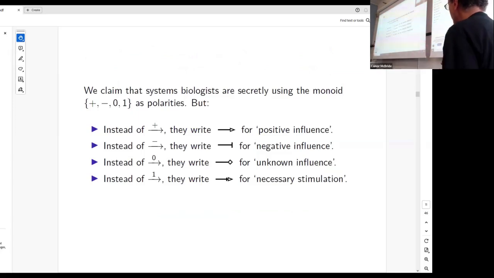I'll call it plus is positive influence, minus is negative influence, 0 is unknown influence, and 1 is this necessary precondition, which they call necessary stimulation. It's necessary for some chemical to be present, for some other chemical to be formed. And we believe that the multiplication rules in this monoid actually make sense if you think about the 4 elements in this way.